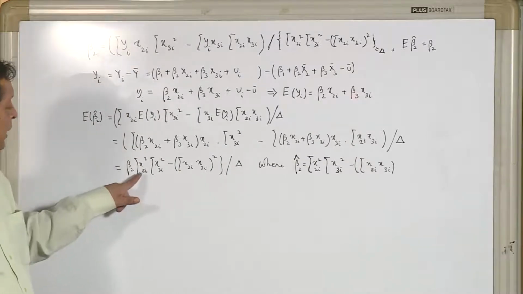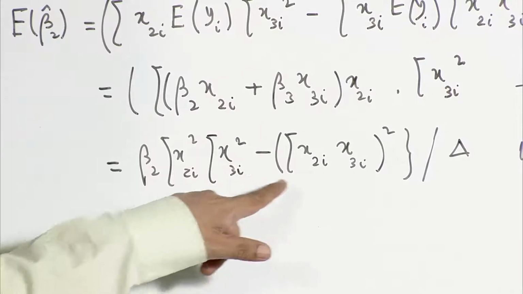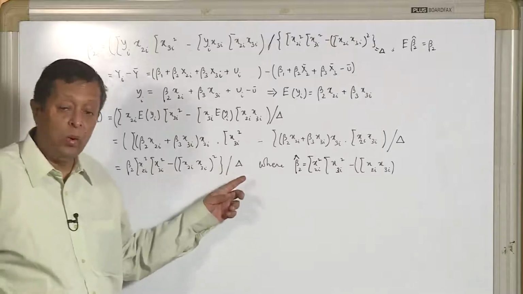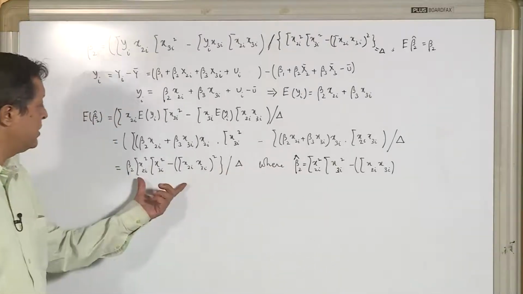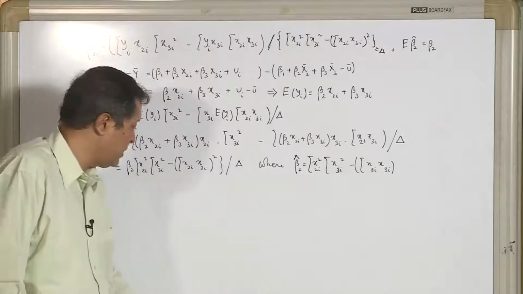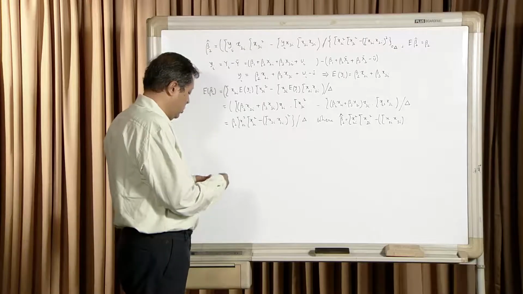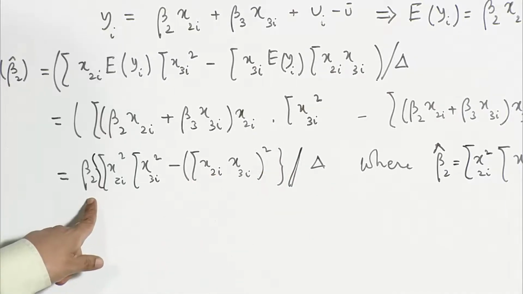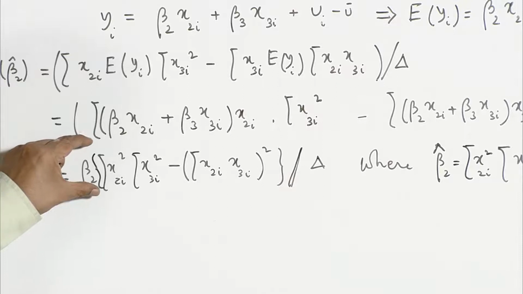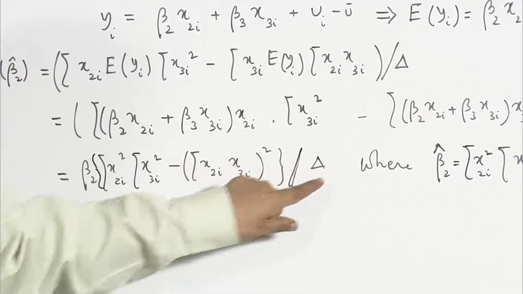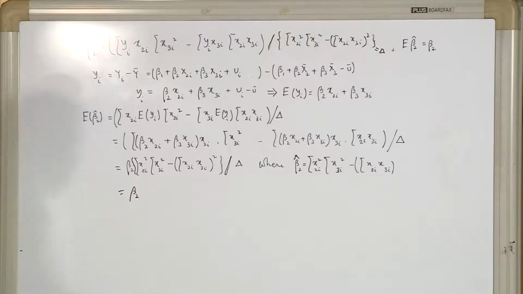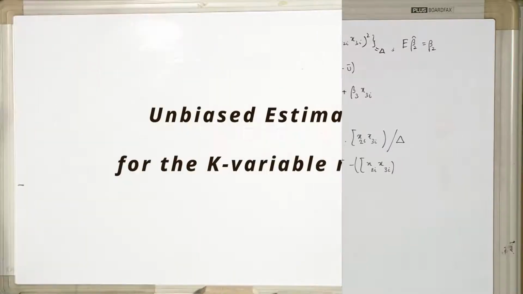So, that is beta 2 times summation x2i square summation x3i square minus summation x2 x3 whole square, divided by delta, but we already know that delta is the same as this term which multiplies beta 2. So, beta 2 times delta divided by delta is equal to beta 2. So, that proves that expected value of beta 2 hat is equal to beta 2.